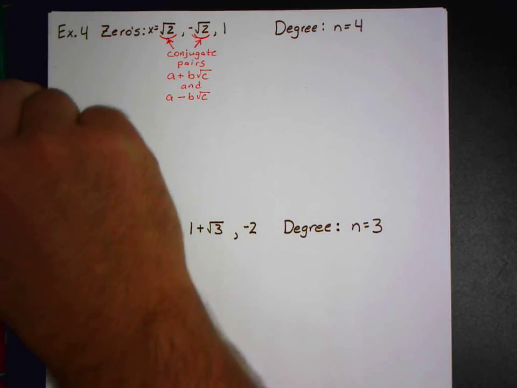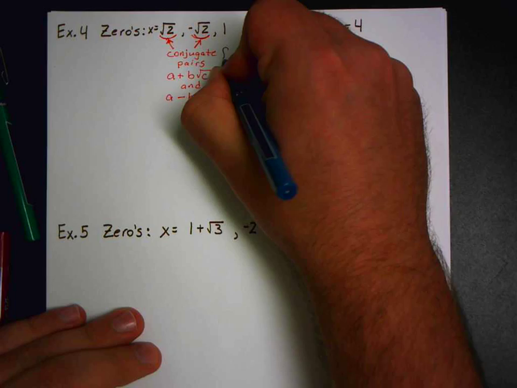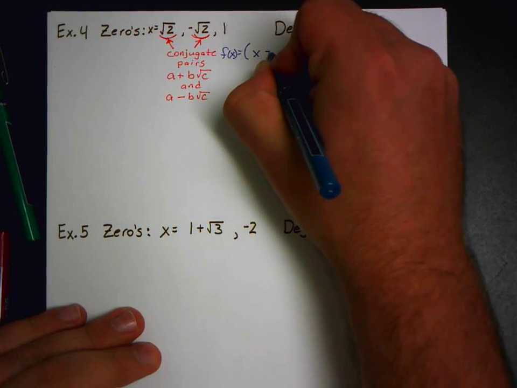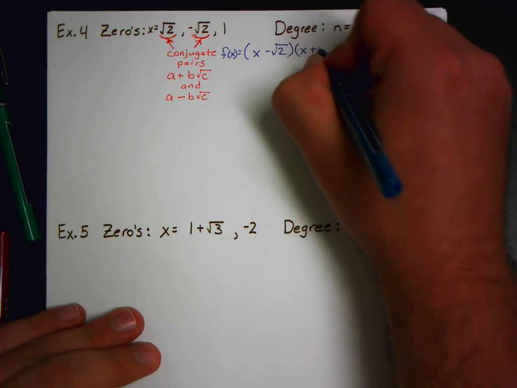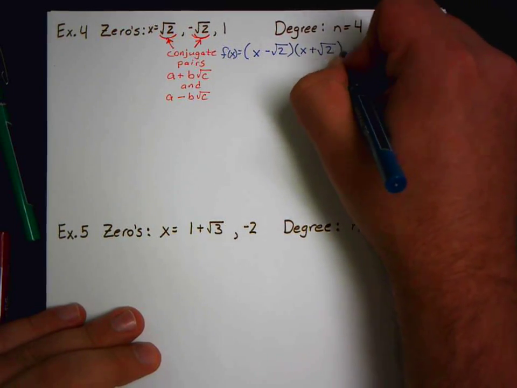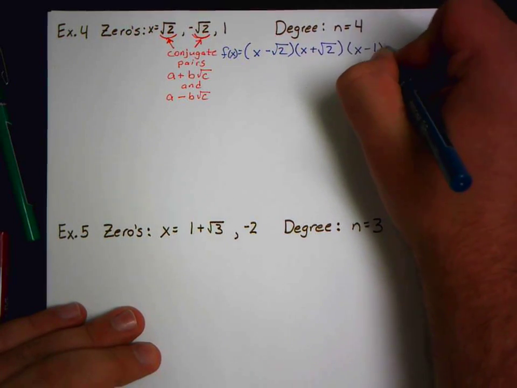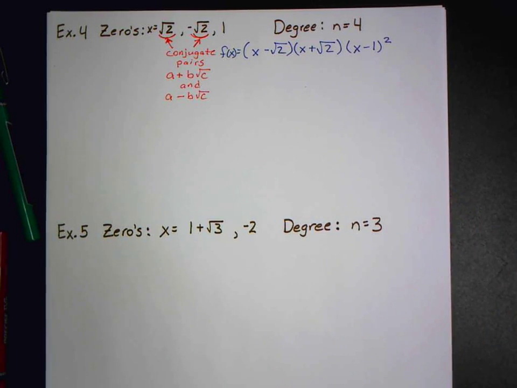Okay, so if I go through this one, let me show you another trick here. You always want to multiply your square roots together.